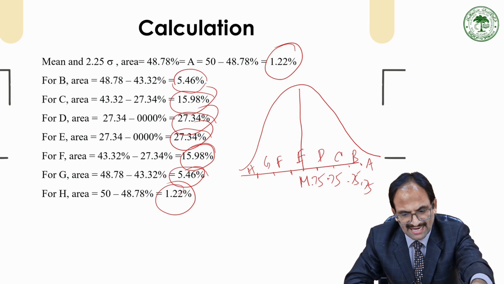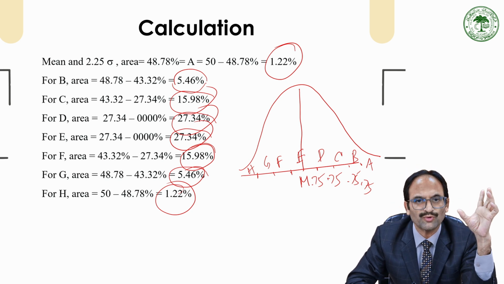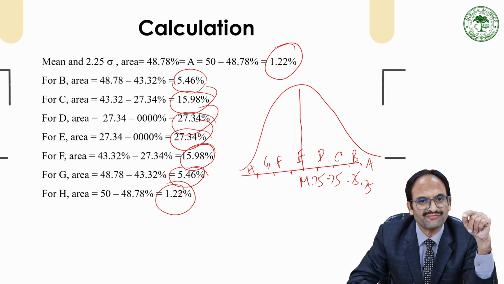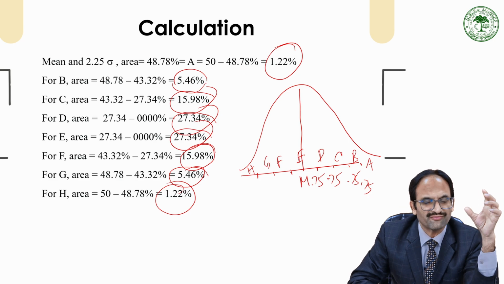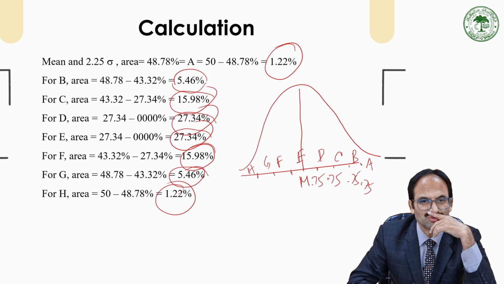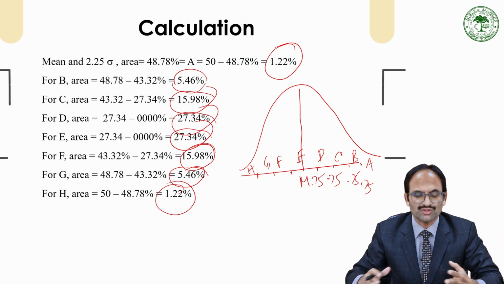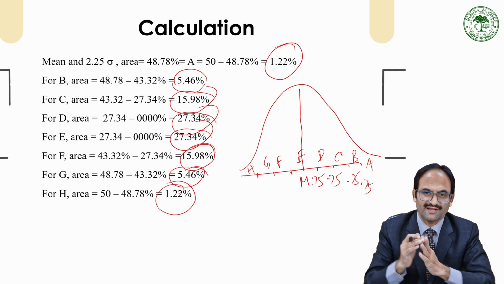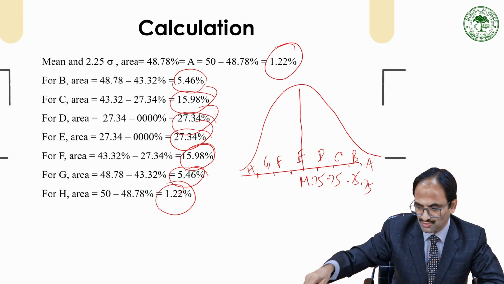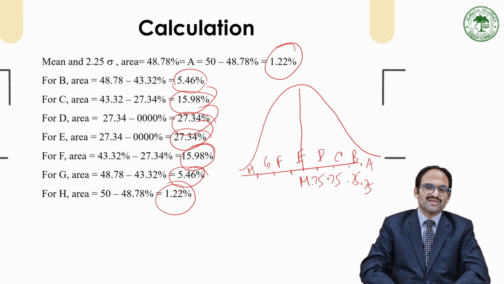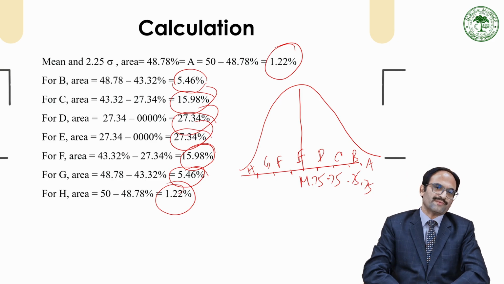So, for A and H same, that is 1.22, for B and G same, that is 5.46, for C and F it is 15.98, and for D and E it is almost 27.34. Now, accordingly you multiply 800 by this. So, you will get finally how many students should be there in every subgroup.